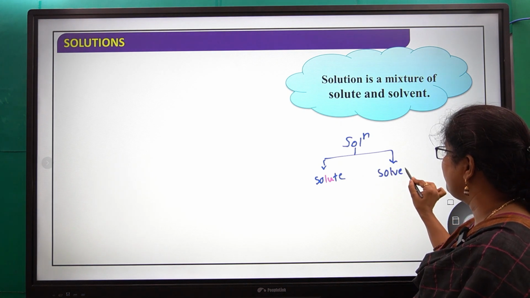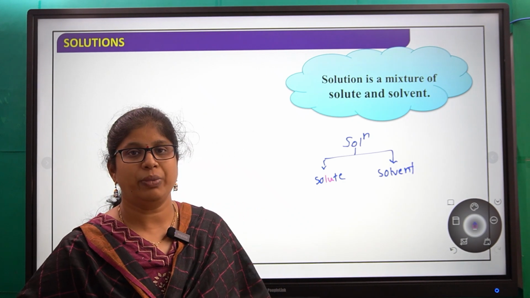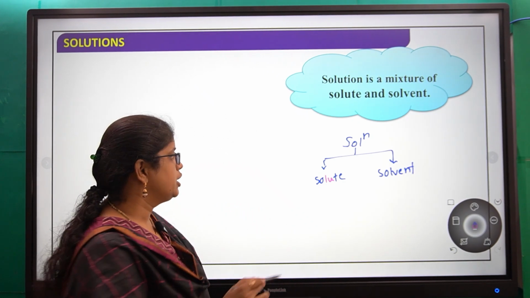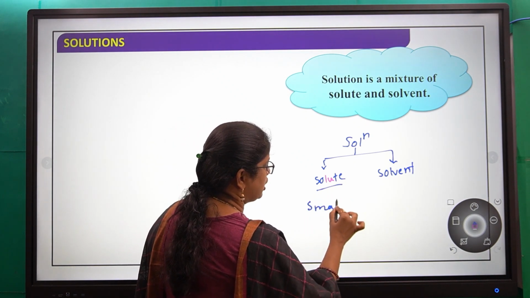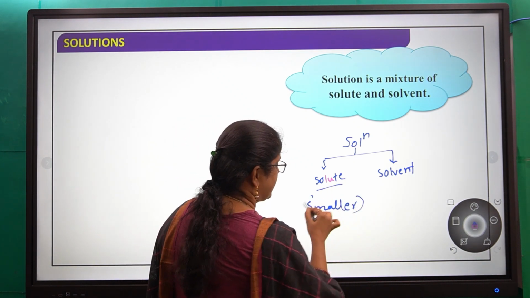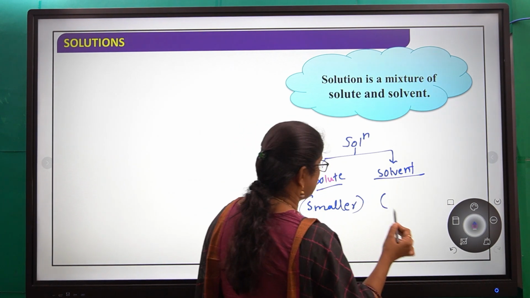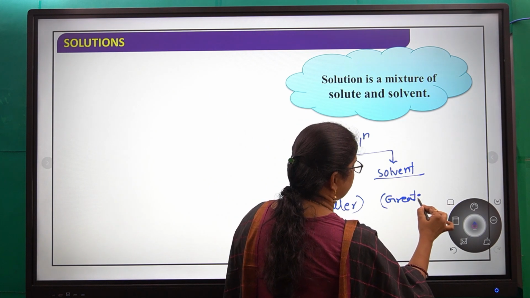Which is called solute, and which is called solvent? Solute means the component which is in smaller quantity. Solvent means the component which is in greater amount or greater quantity.